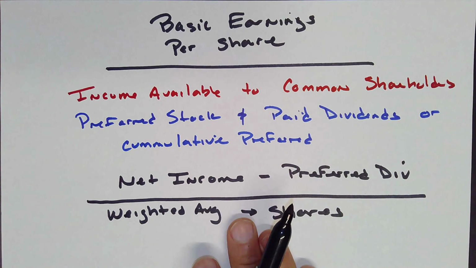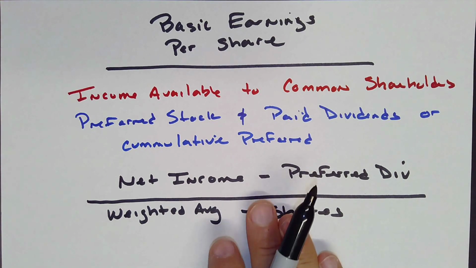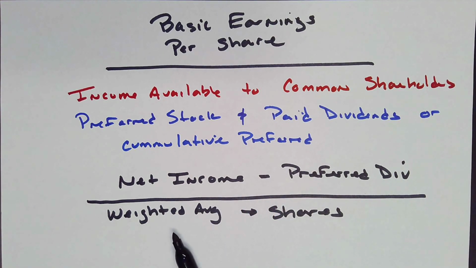Now there are going to be things that need to be adjusted from time to time. So if we had contingently issuable shares, so there was some contingency that existed that if the contingency is met, then the shares will be outstanding, you may have to factor that in.